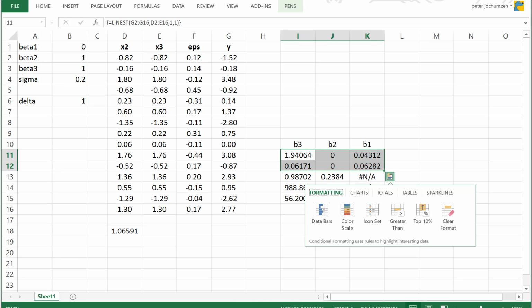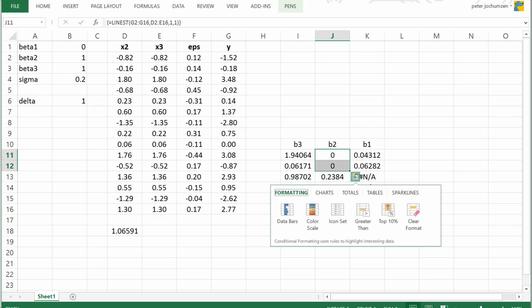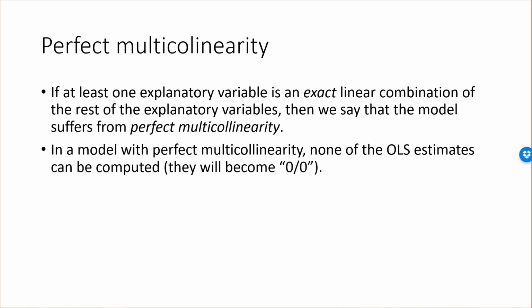What it has done is that it has determined that you have data that's perfectly multicollinear, and it has simply kicked out one of the variables. It has removed, in this case, the x2 variable. That's why you have zeros here. Those are not estimates. Those are just saying that, okay, let's get rid of the x2 variable because it's perfectly correlated with x3, and then we can do OLS.